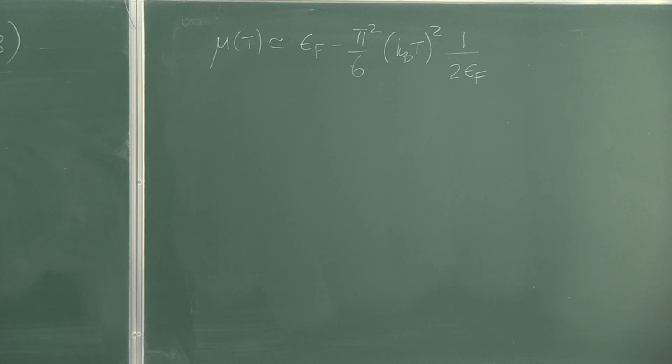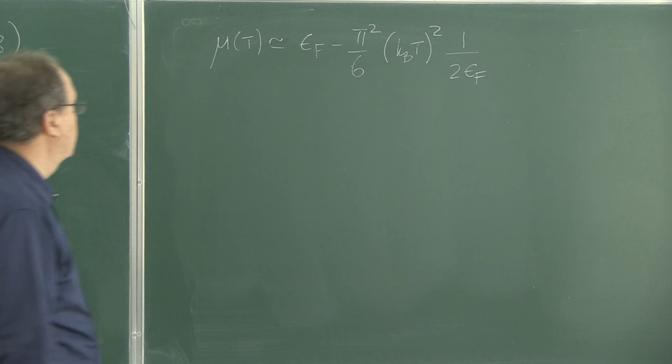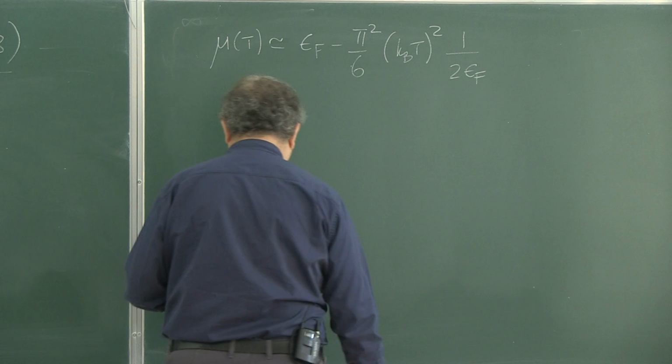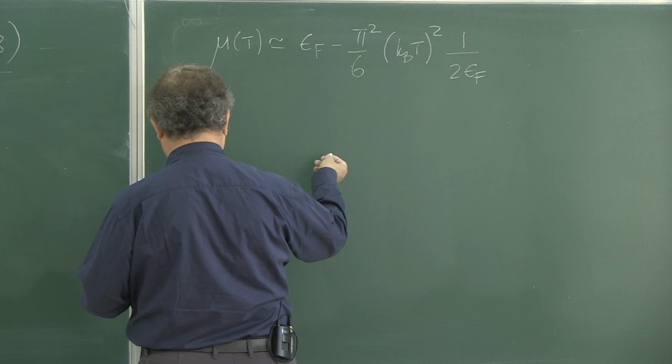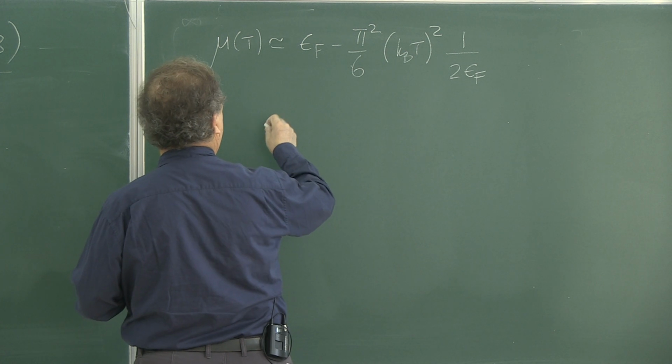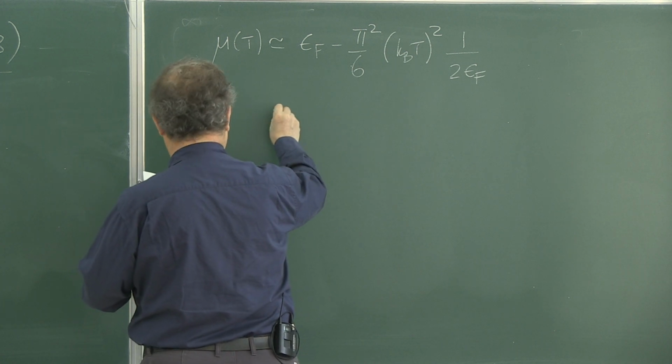Okay. When you calculate this at E equals EF, you have to put these expressions as square root EF, 1 over square root EF, EF goes up, gives you an EF. Okay, that's the result. Or you can also write this as follows.